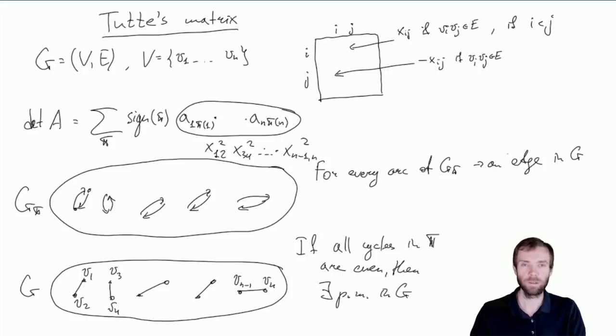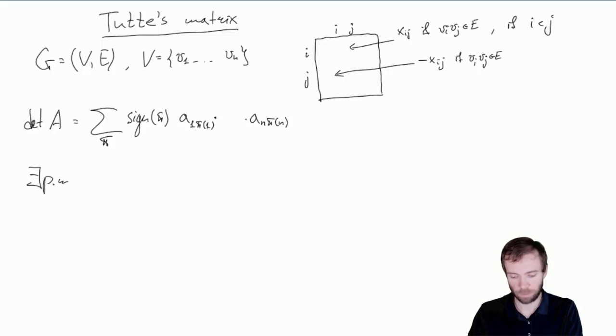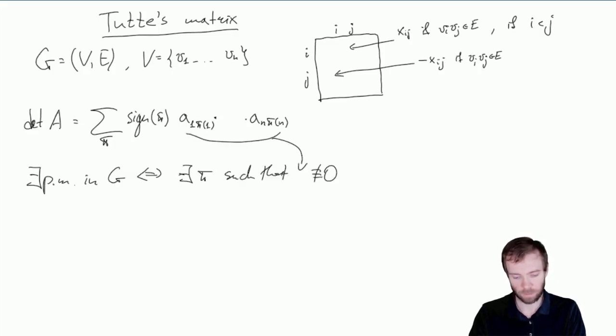So in the end, we can state the following. There exists a perfect matching in G if and only if there exists a permutation P such that this term does not vanish and all cycles of P are even.